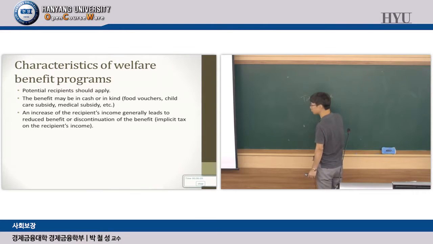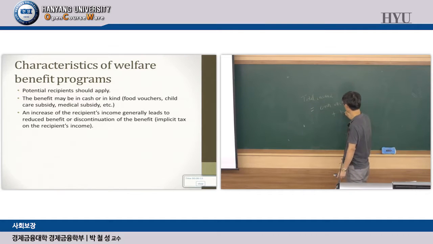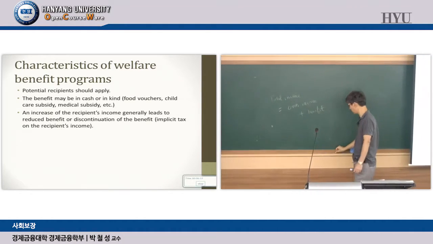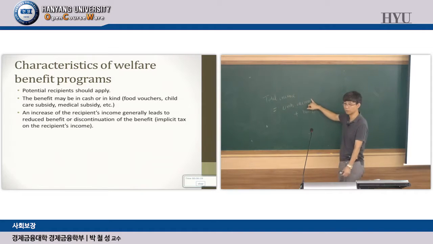It is own income plus welfare benefits. As I said, in general, if this goes up, this goes down.